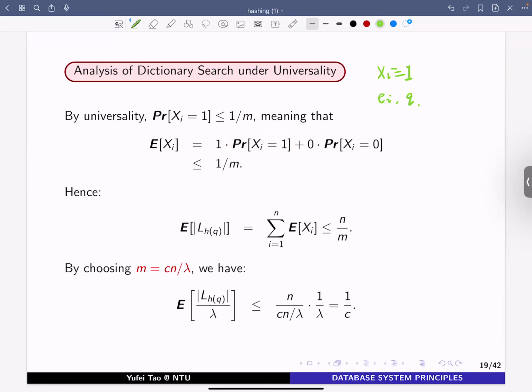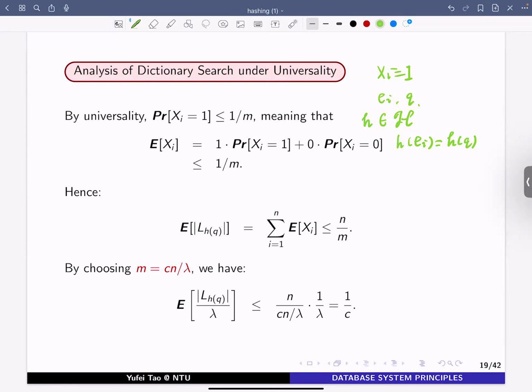So now the question boils down to the following. If I choose a hash function randomly from this beautiful family, what is the probability that I will have a collision event between ei and q? So this is precisely something that is from the universality assumption, universality property.